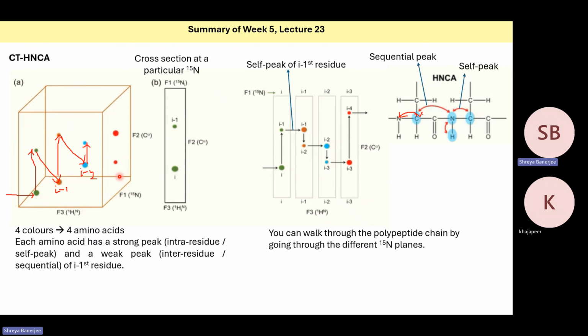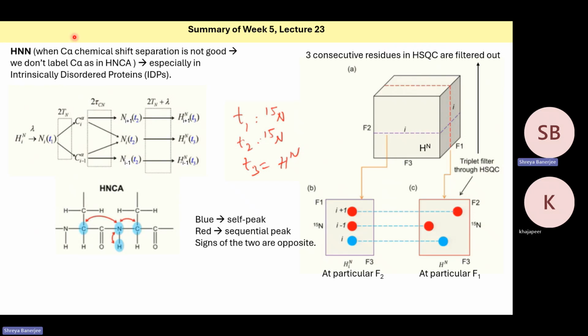In HNCA, you had one axis as the amide hydrogen, one axis as the 15N, and one axis as the 13C alpha. Now we will remove the 13C alpha axis so that we have two 15N axes and one amide hydrogen axis. This experiment is called HNN because you have one hydrogen axis and two nitrogen axes.